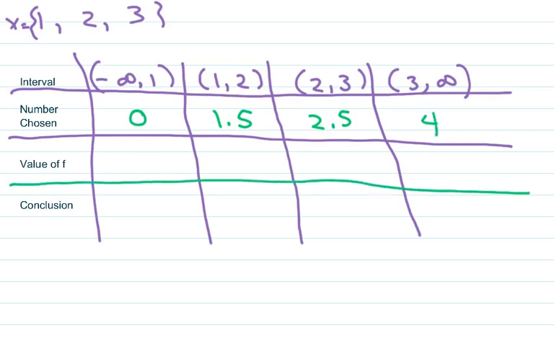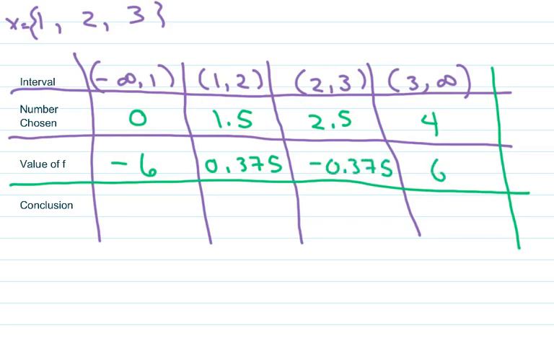You can use your calculator, and you just plug them in. We get negative 6 here. We get 0.375 here. Negative 0.375 and 6. And basically, we don't really care about those numbers. We just care if they're negative. This is negative. This is positive. This is negative. And this is positive.